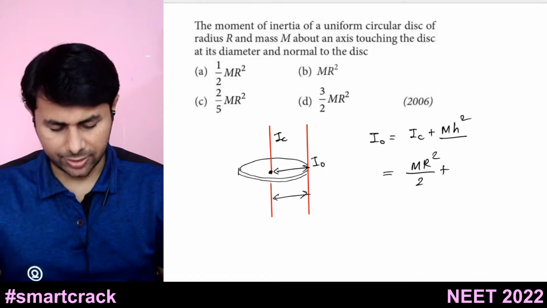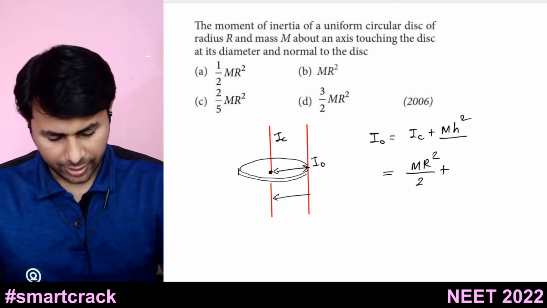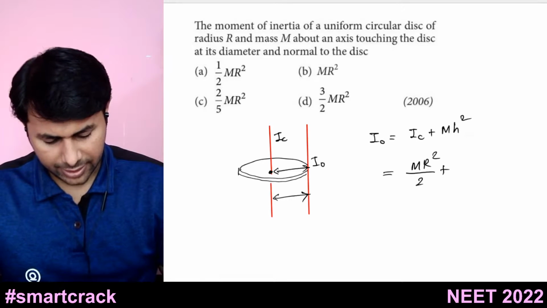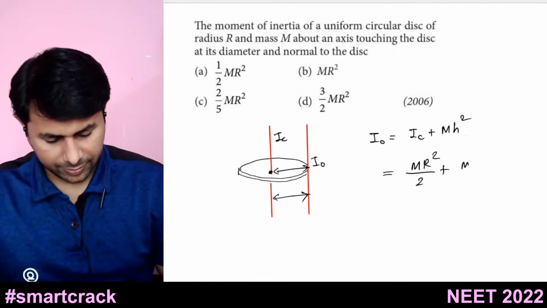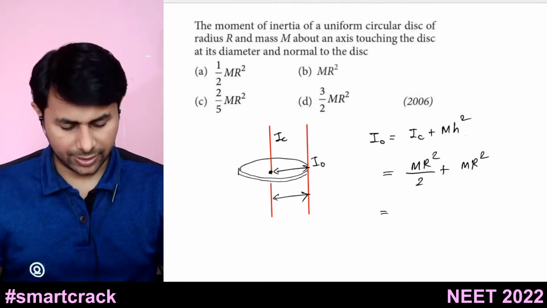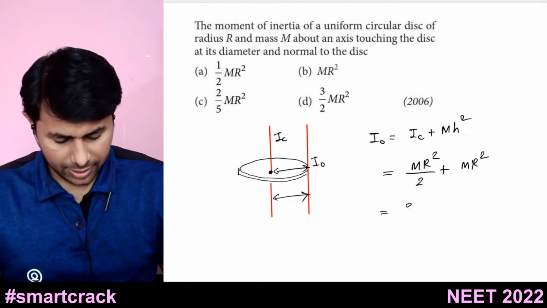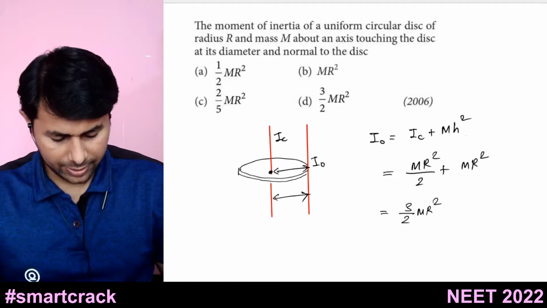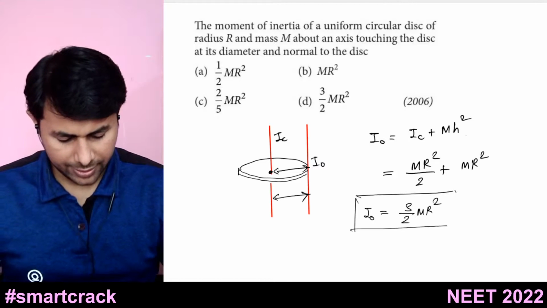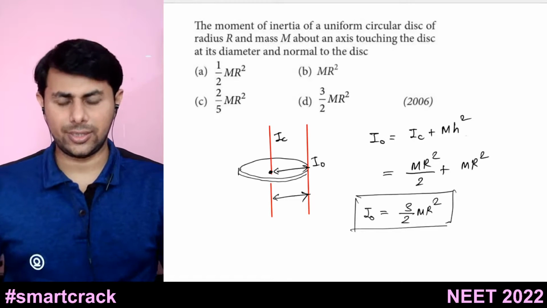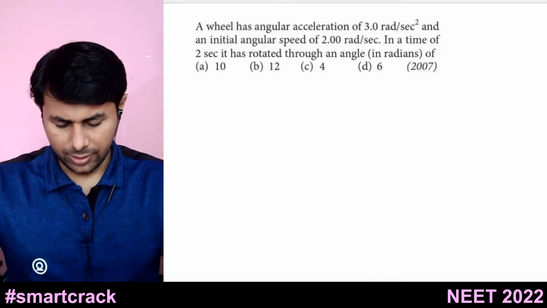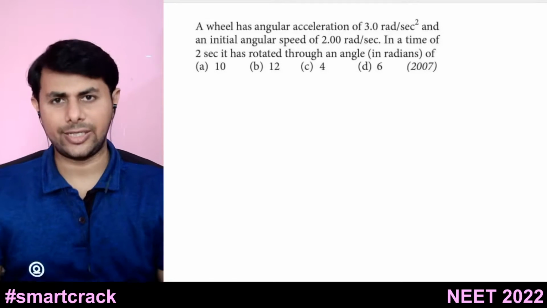It is the distance between these two axes. So m h square is m into r square. So mr square divided by 2 plus mr square gives us 3 by 2 mr square. This is I. Okay, so this is another simple problem. Then let's move on to the next problem.